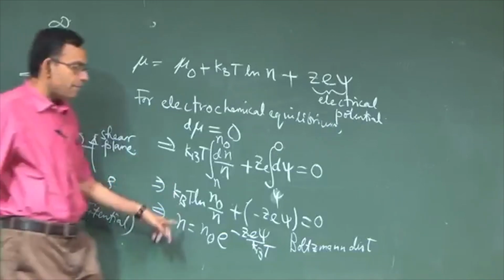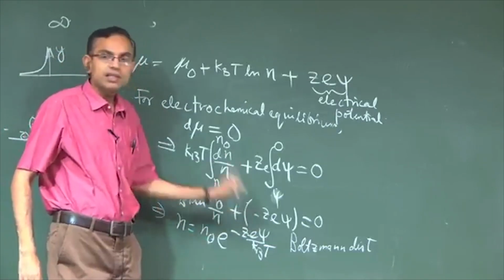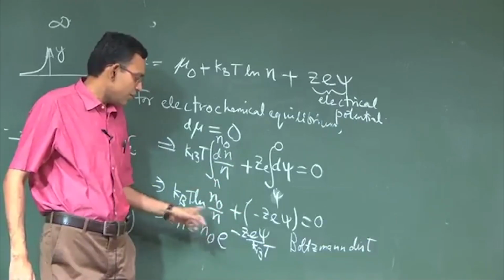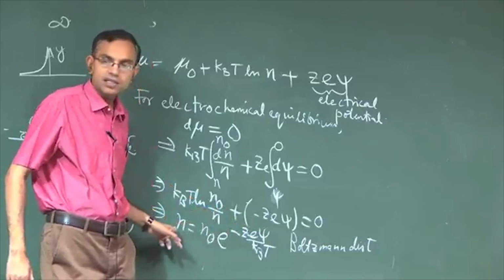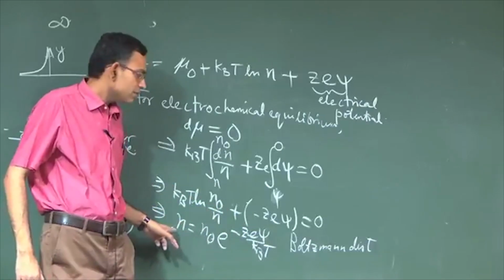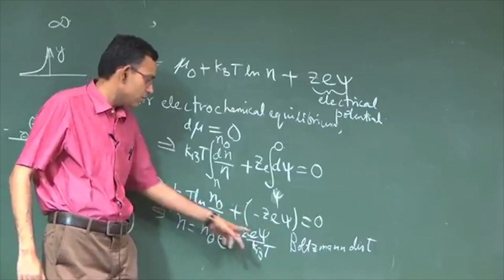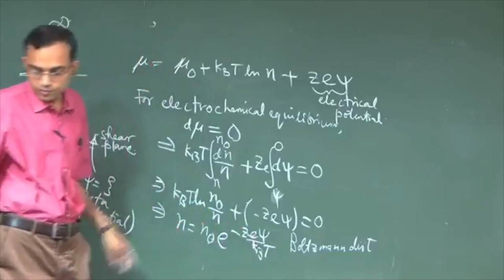So, now this does not complete our system of equations. Why does this not complete our system of equations? The reason is that we have related the potential with the charge, but we need another equation to close it, because here there are two variables, one is psi, another is n.